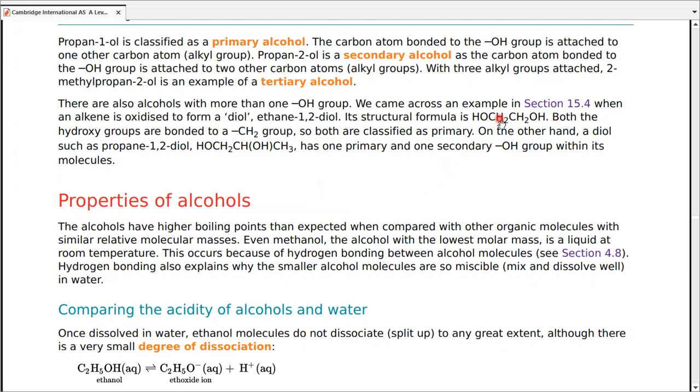So this is the structural formula, and we specifically put it this way to give the reader the idea that one OH belongs to one carbon atom and the other OH belongs to the other carbon atom. That's actually a good way of writing it, because if we write it like this, it's better understood by the reader.